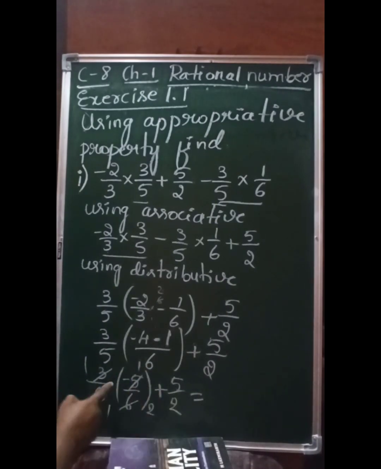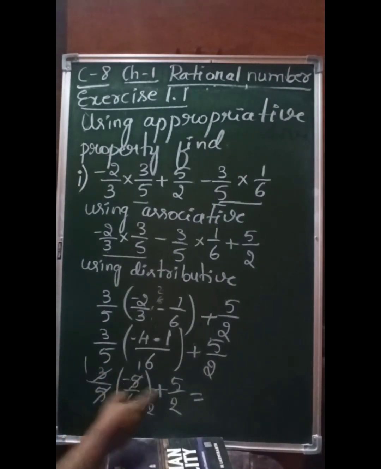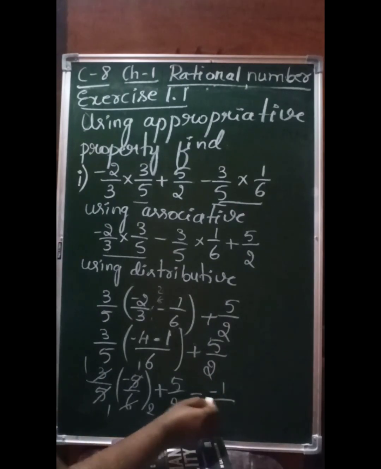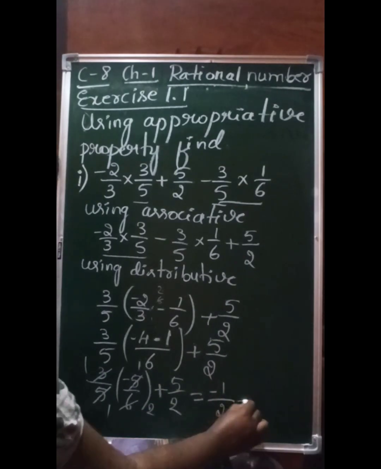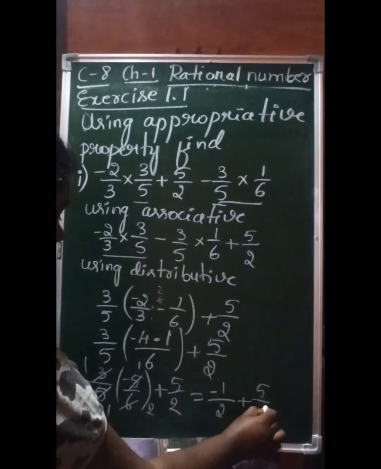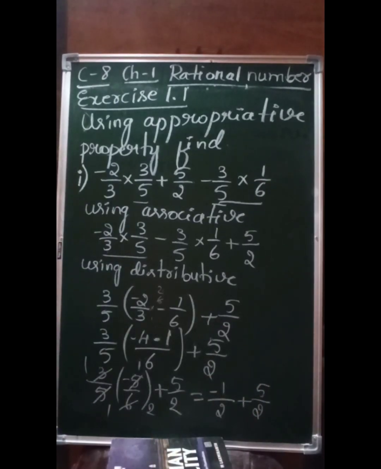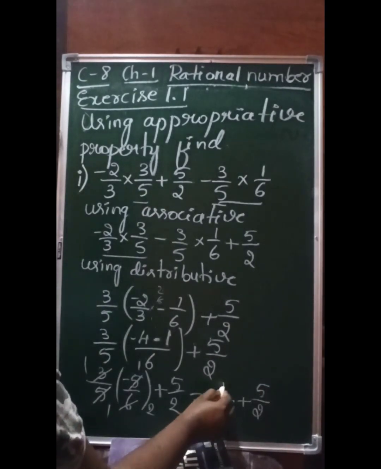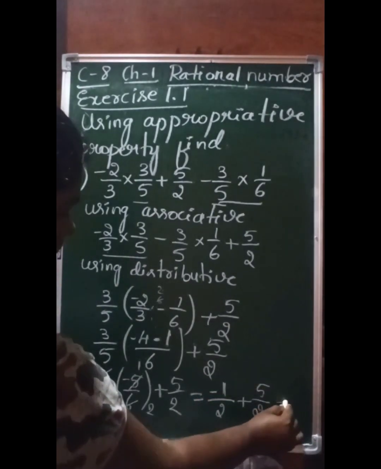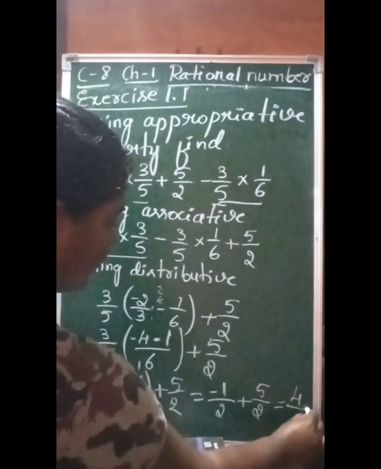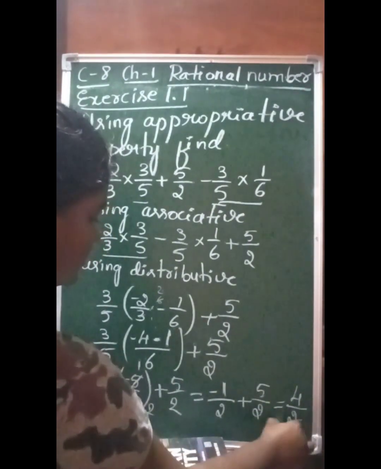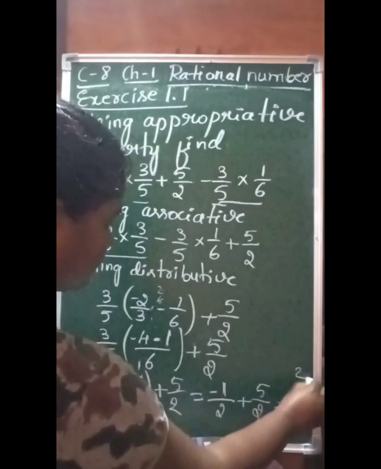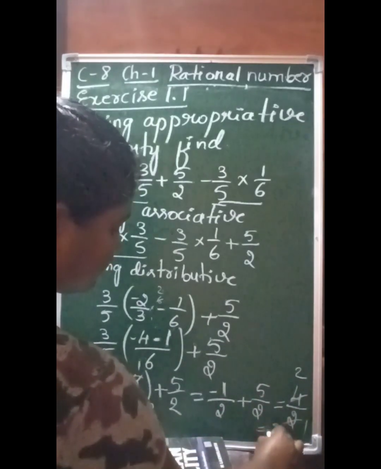So in the first part you have minus 1 by 2 plus 5 by 2. Now as the denominator is same, you can add this one. So minus 1 plus 5 equals plus 4 by 2. So 2 ones are 2, twos are. So the answer will be 2.